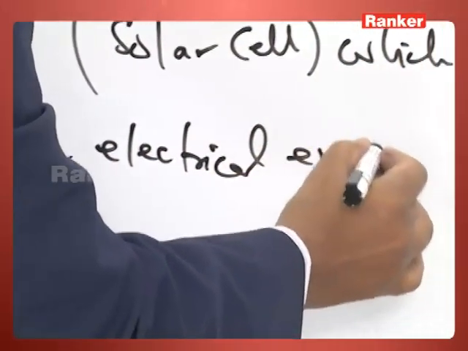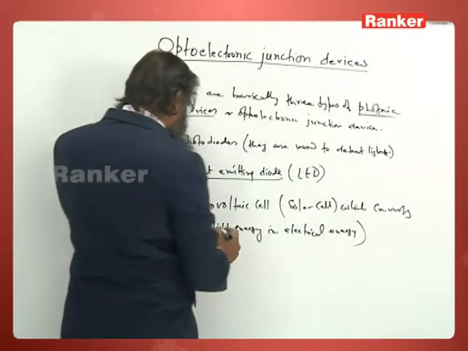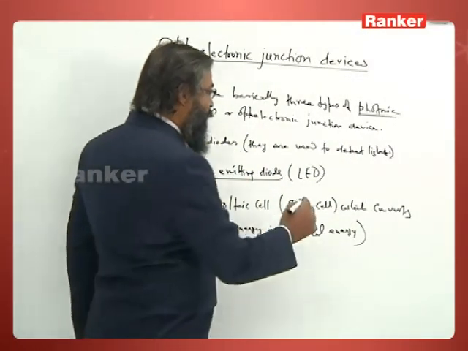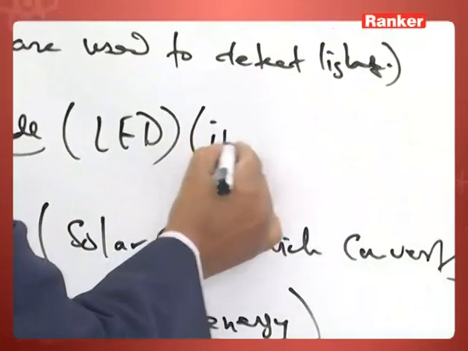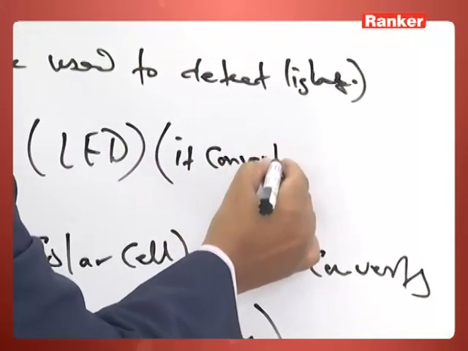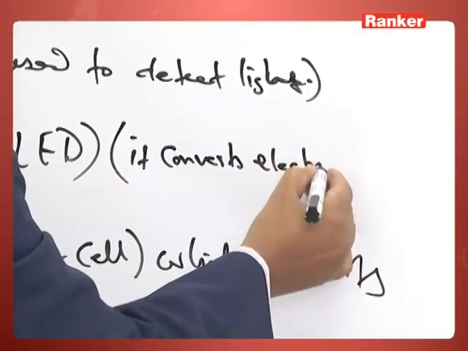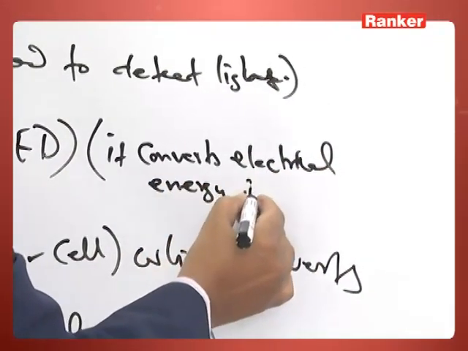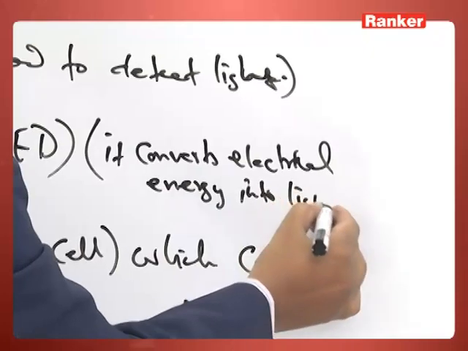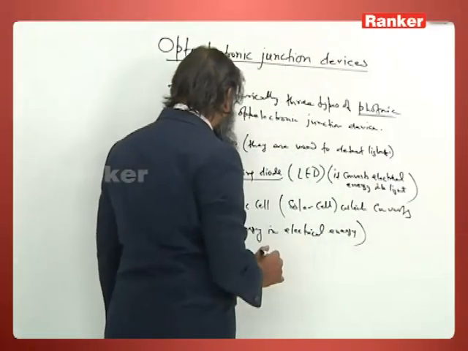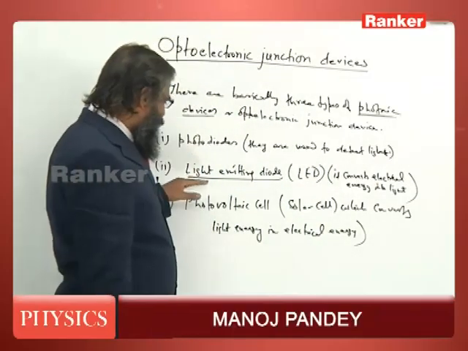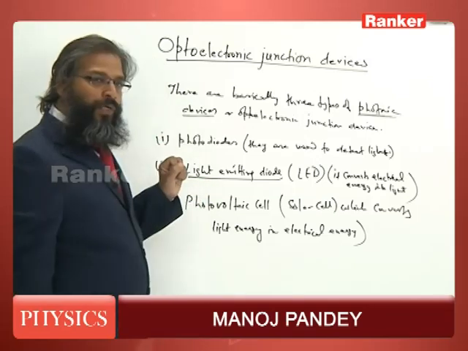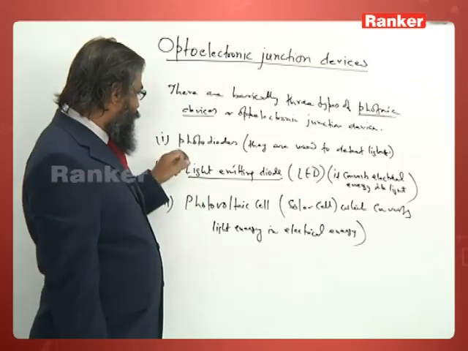That is actually the reverse of light emitting diode. It converts electrical energy into light energy. So, there are three types of uses of optoelectronic junction devices.